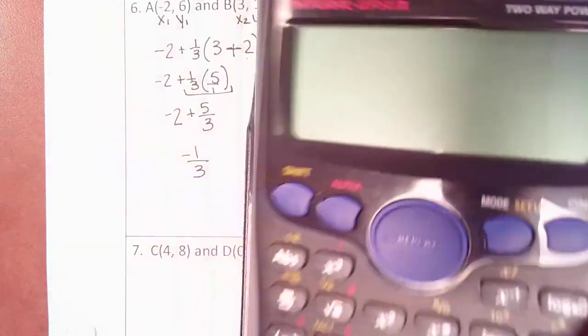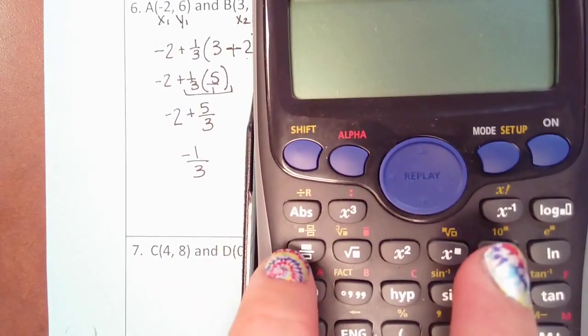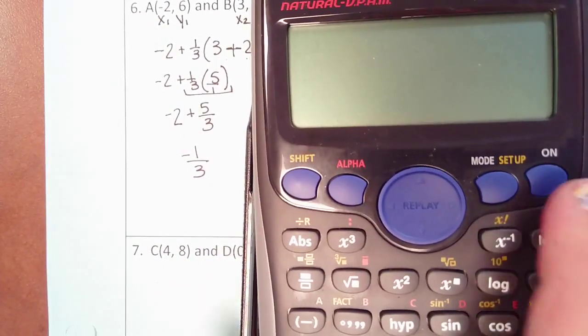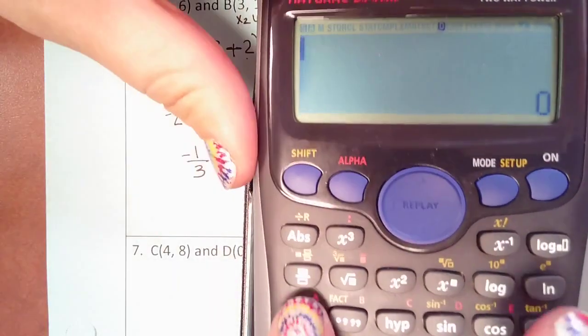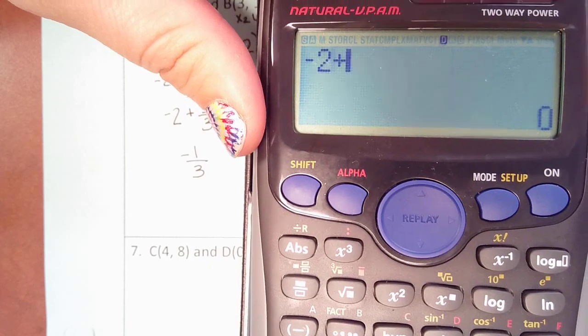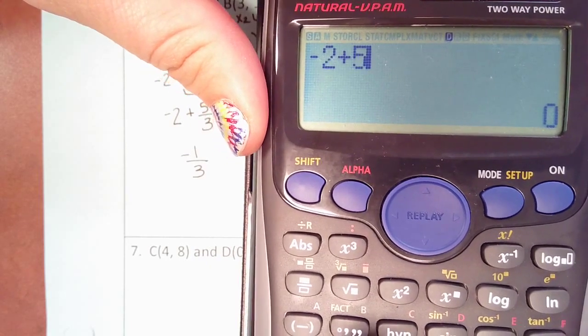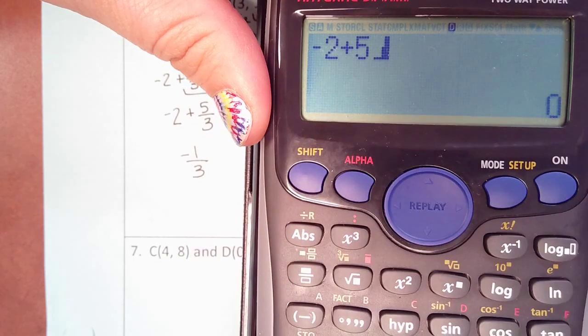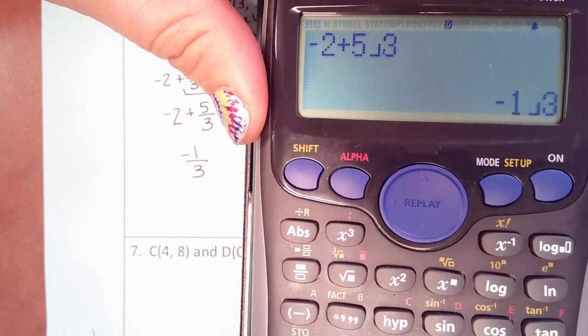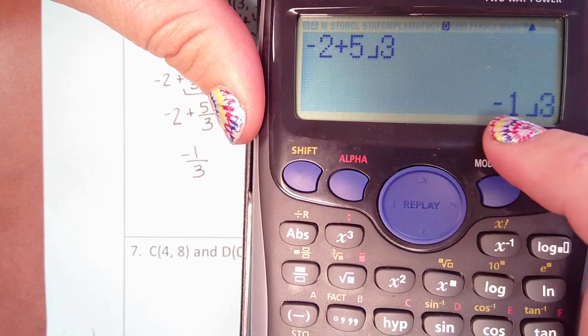You just have to enter in the numbers first. So -2 plus, first you have to enter the 5, then hit this button. So that's showing that's the top of the fraction, here's the bottom, 3. And it's represented like this, -1 over 3.